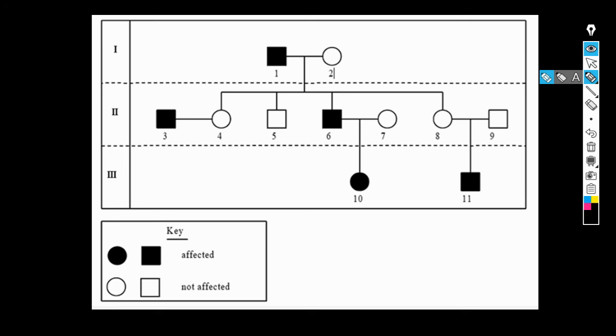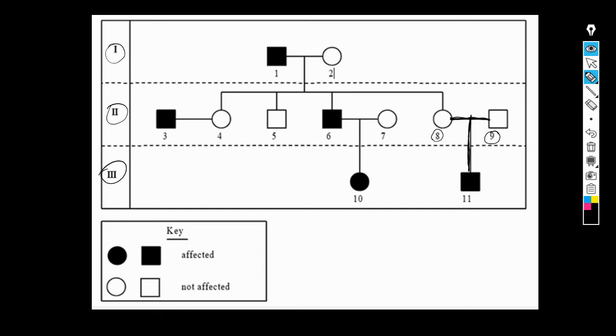The reason I know that is because we can look at these parents, parent 8 and 9. 8 would be mom because it's a circle. 9 would be dad because it's a square. And 11 would be their son because it's a square. That bracket joining them indicates mating, and this bracket coming down indicates that that's their child. Over here on the left, we have generation 1, 2, and 3.